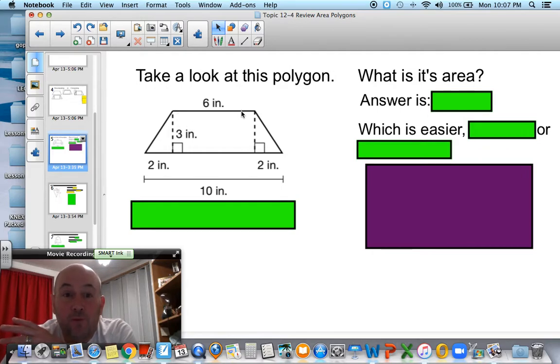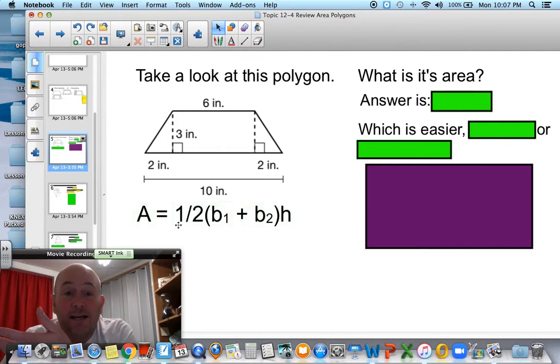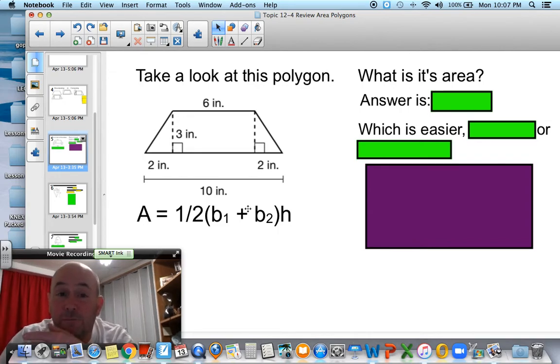They're made up of one set of parallel line segments, and they usually have a base 1 and a base 2, which means that the area can be found by taking half of base 1 plus base 2 and then multiplying it by the height. And so this is the formula for finding the area of a trapezoid. And so if you understand this formula, you don't even have to compose or decompose any part of the trapezoid.